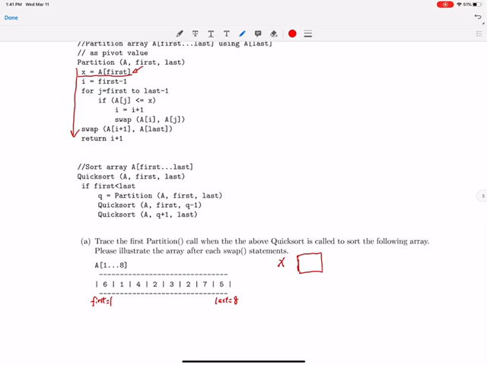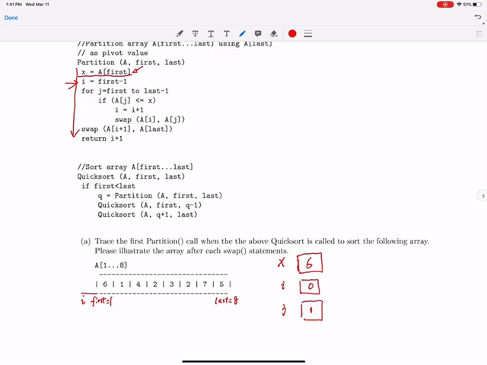x is initialized to be a first, so it will be set to 6. Now I move to the next statement. i will be set to first minus 1, so it's 0. You can visually draw i pointing to the 0th place. j will start from first, which is 1.